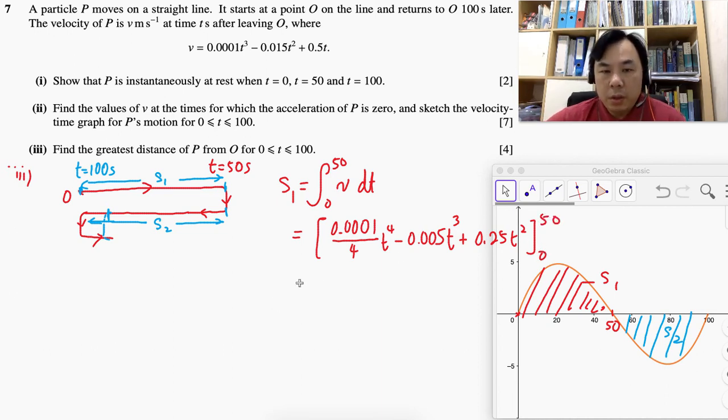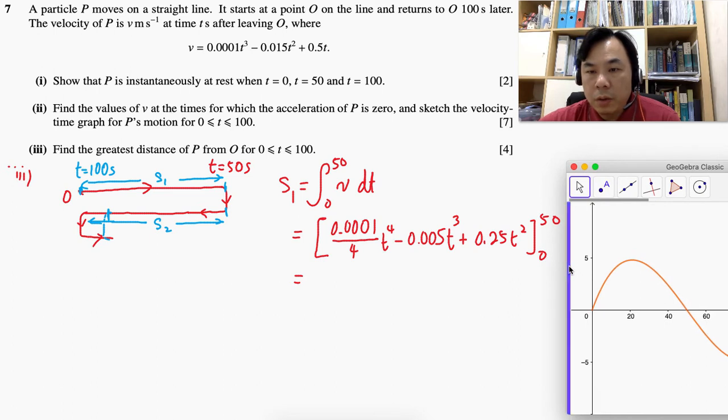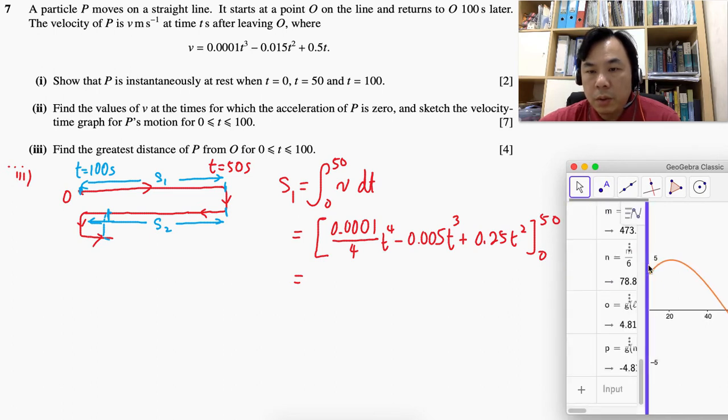All we need to do is just substitute the 50 into here. I'm going to write it down here, it's easier. Once you substitute the 50 here, I'm going to erase this and get back to my software so it's easier to work with.